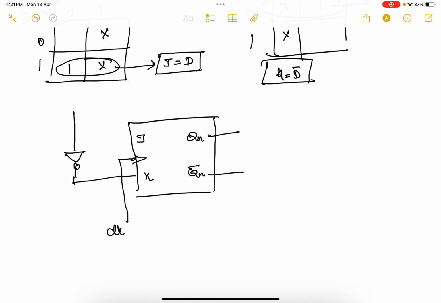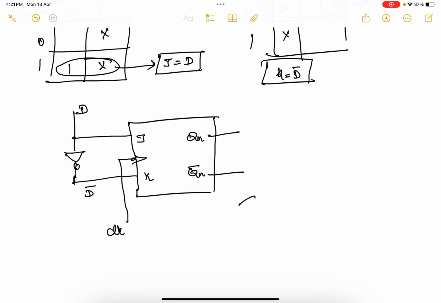If I make this as D, this will be nothing but D bar. Now I have converted my JK flip-flop to D flip-flop. So, everything is clear for you?